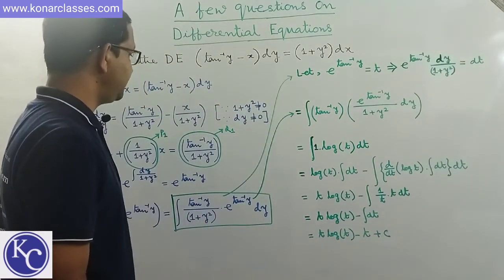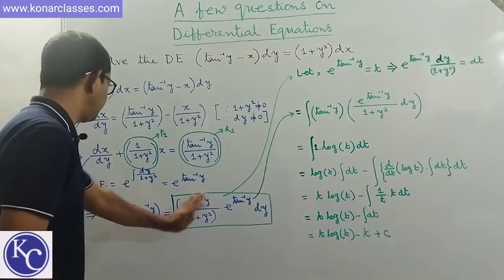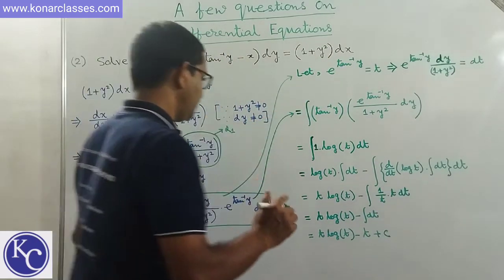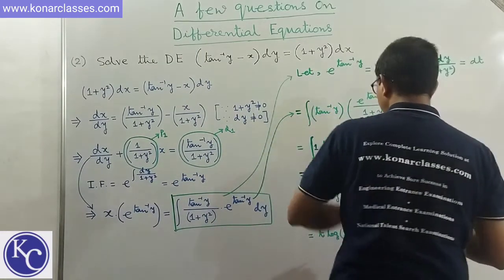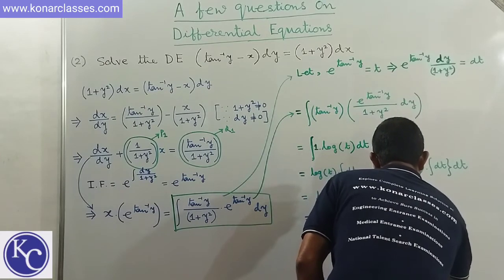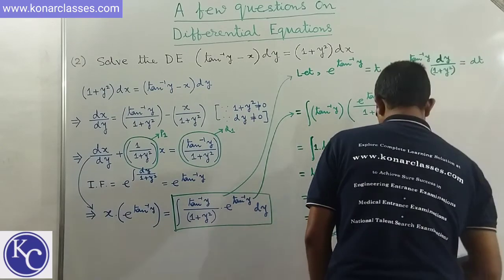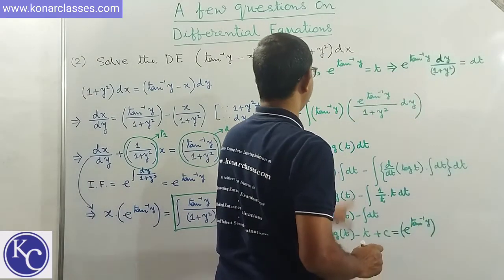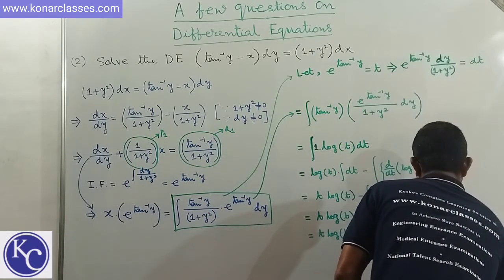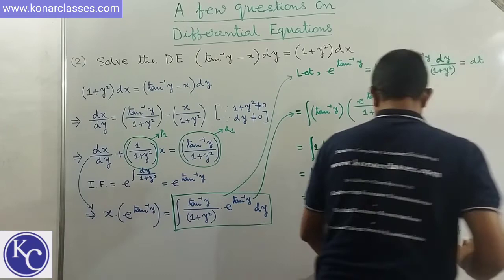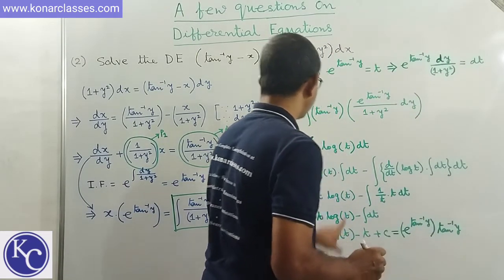Now what is the value of t? The value of t is equal to e power tan inverse y. So we apply that here. t is e power tan inverse y into log t, which means tan inverse y, minus t, which means e power tan inverse y.